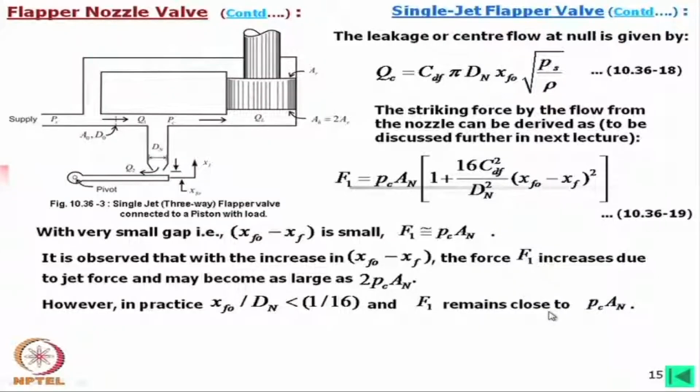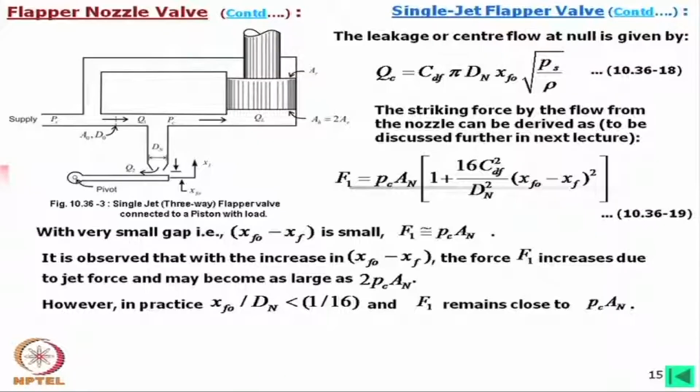However, in practice x F0 by dn, where dn is the diameter here, is usually 1 by 16. So, suppose dn is equal to 1.6 millimeter, the diameter of this nozzle is 1.6 millimeter.